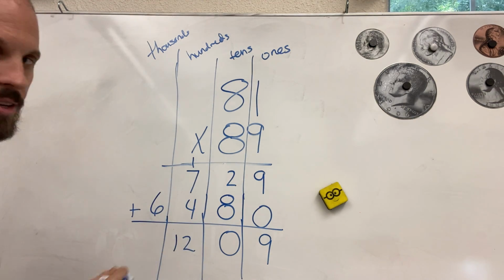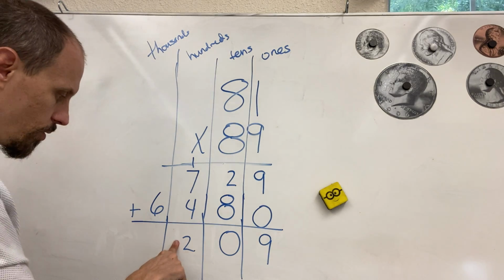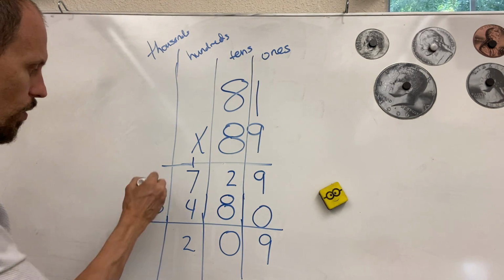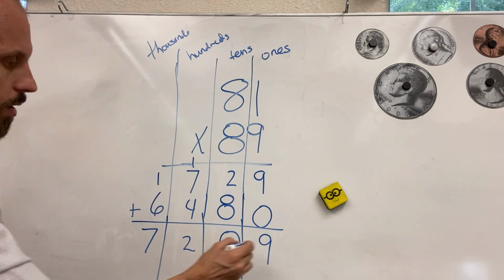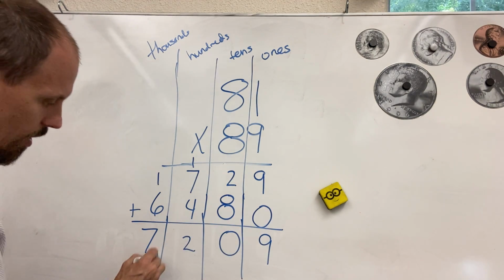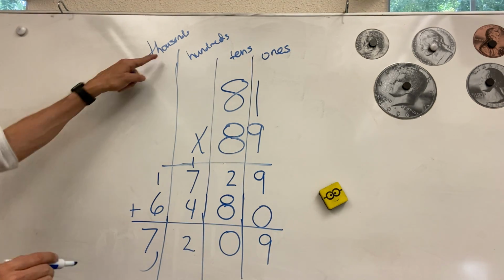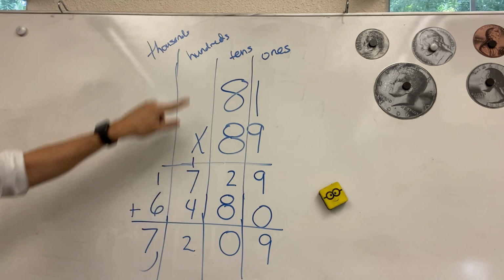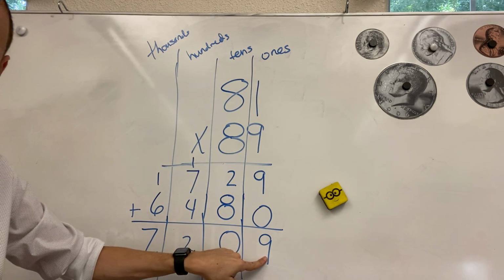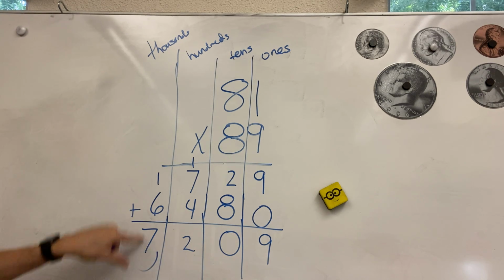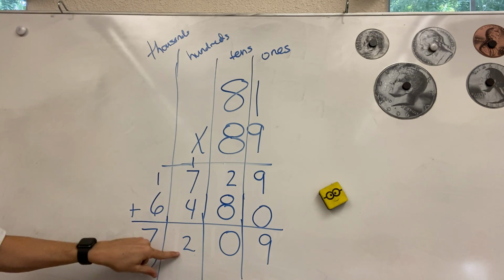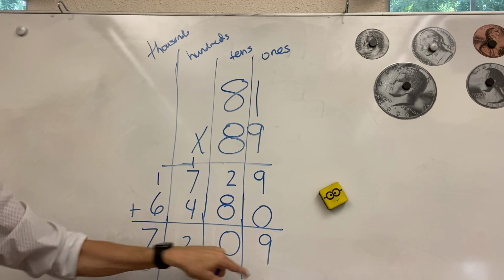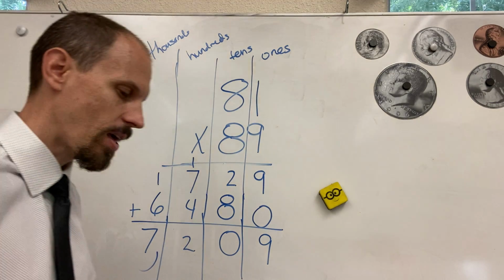Do we do our 12 like this? No. There's only one number in each column, so we carry that 1 to the next one. 6 plus 1 is 7. Count backwards, 1, 2, 3, put our comma so we know it's thousands. So it's 7,209, because we don't have any tens. All right, so that should be your answer for that one.